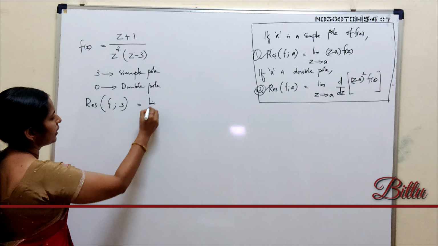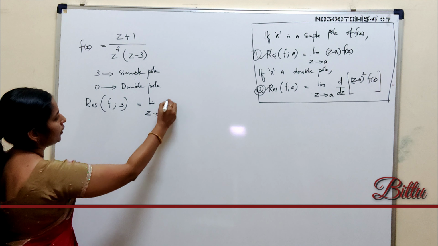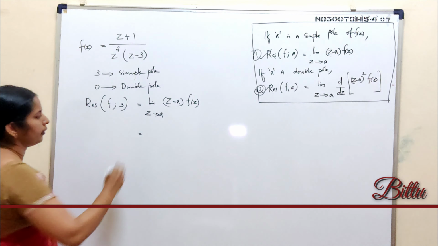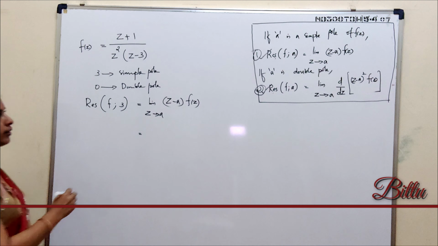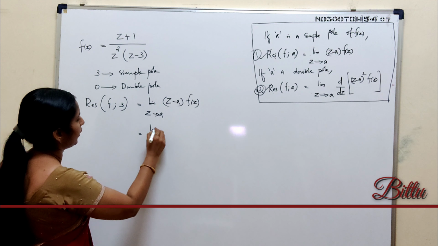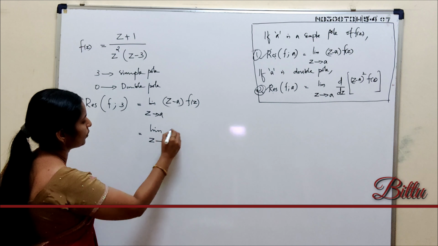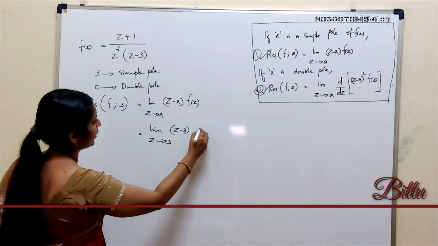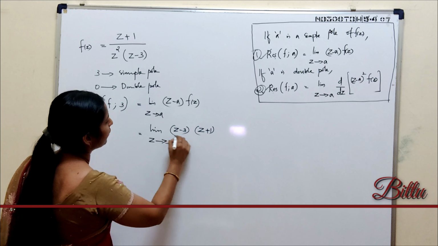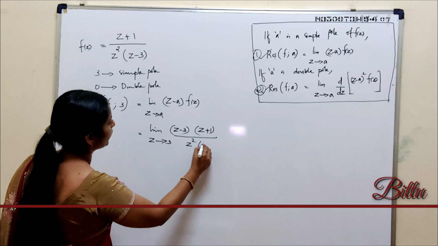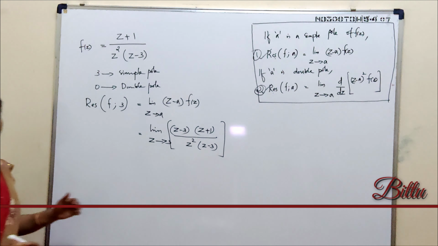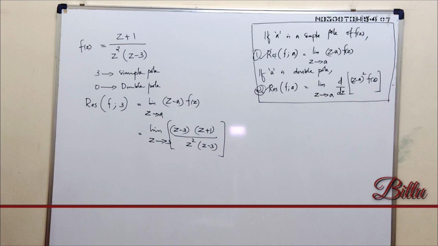It is the limit as z tends to A of (z minus A) into f(z). Here, A is 3. So, limit as z tends to 3 of (z minus 3) into f(z), where f(z) is (z plus 1) divided by z square into (z minus 3). Next, you evaluate this limit, that will give the residue of f at 3.